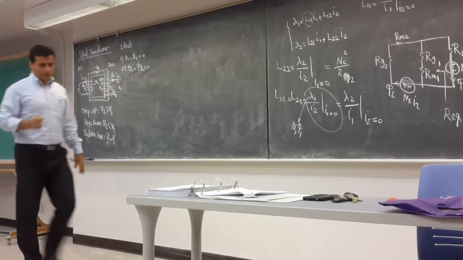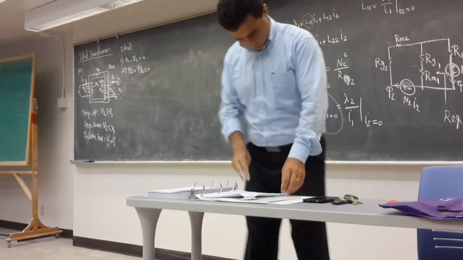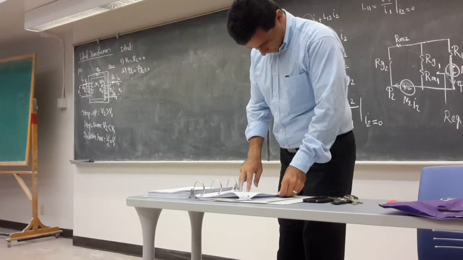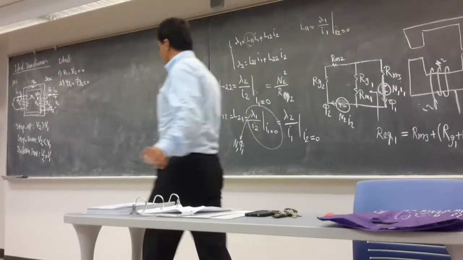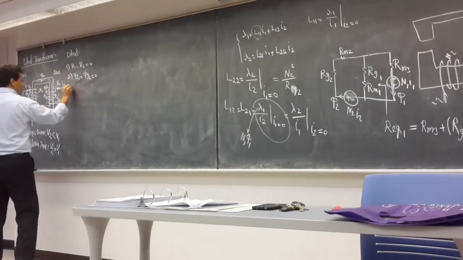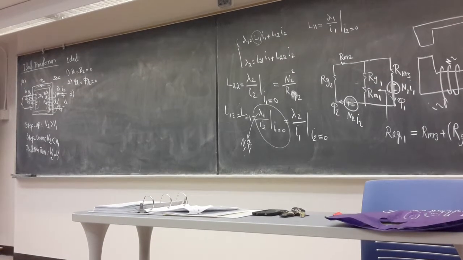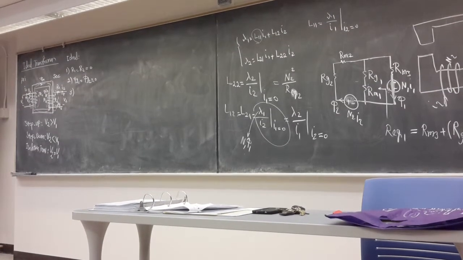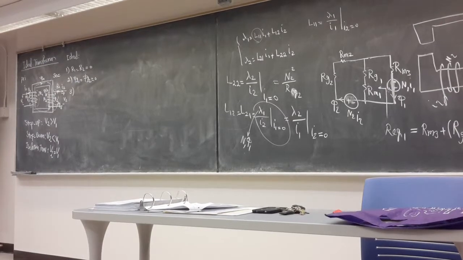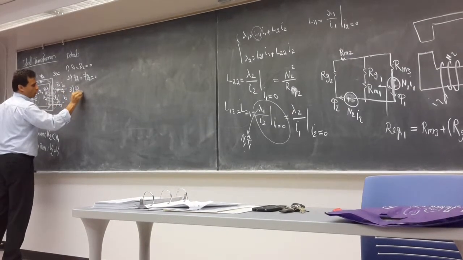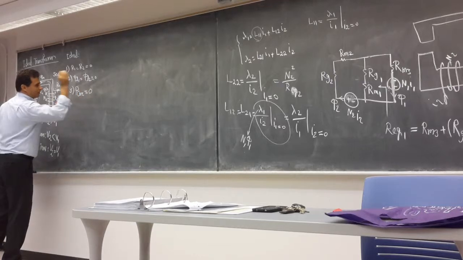Let me see if there is anything else. The third one, which we talked about last in the last class, is the core loss. We said we have a hysteresis loss and an eddy current loss. For the ideal transformer, P core, or simply PC, is again 0.